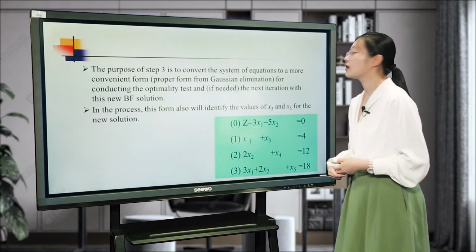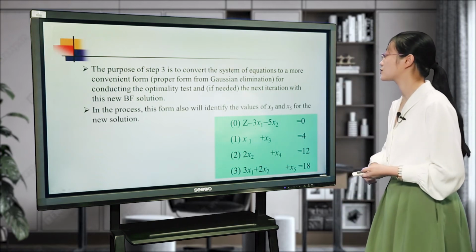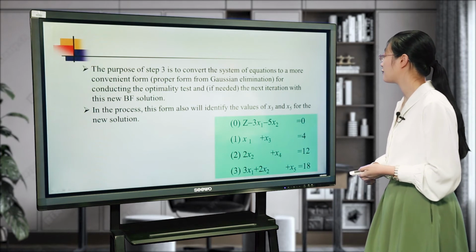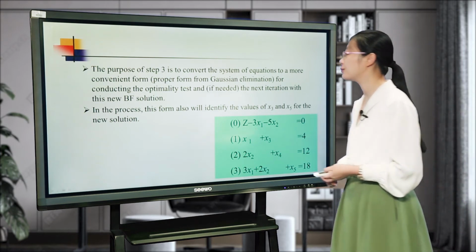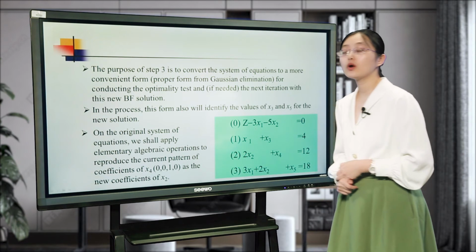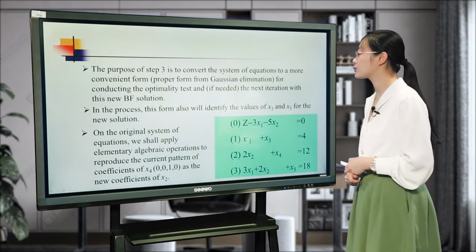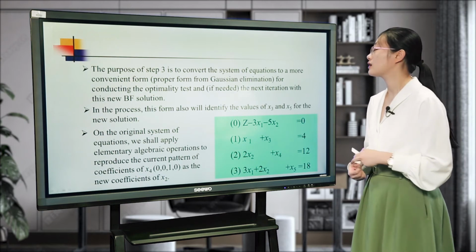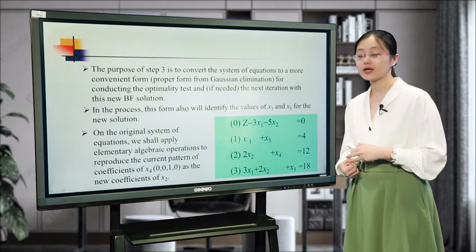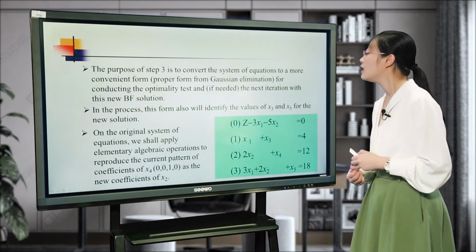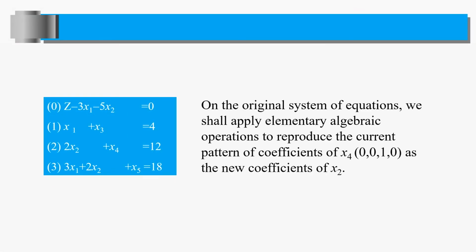In the process, we will also identify the values of x3 and x5 for the new solution. What we want to do to the original system is to apply elementary algebraic operations, or in terms of matrices, Gaussian elimination, so that the coefficient of x2, our entering basic variable, will have the pattern of the coefficient of x4, with 0, 0, 1, 0.